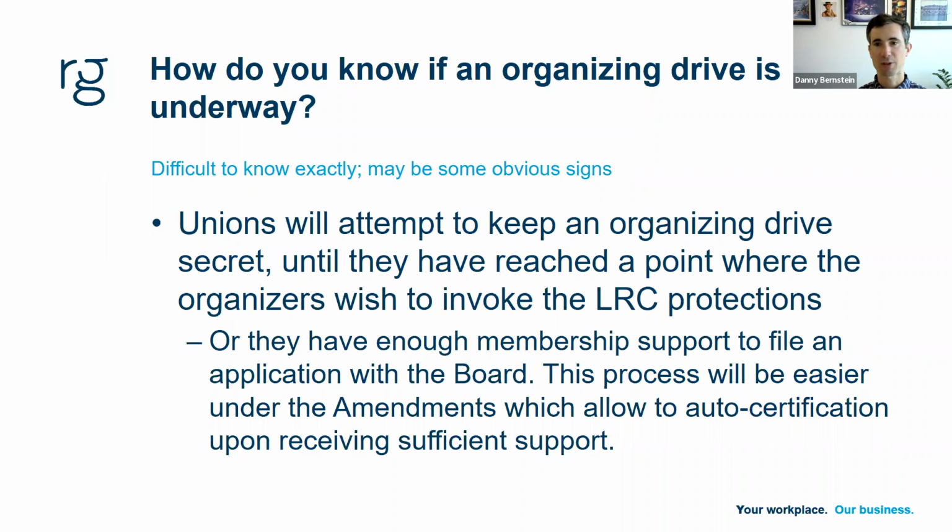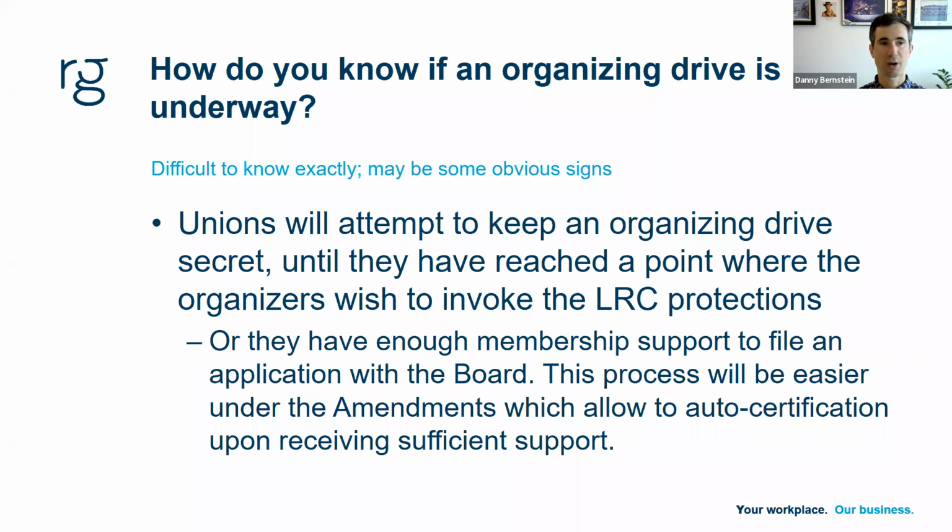And maybe that's because they've only got cards signed by that half. Maybe the union feels like there's some distinction between them, but that wouldn't be appropriate, because then you would have employees working side by side, some union, some non-union, doing the same work for the same employer at the same workplace. So that would be an easy example of an inappropriate bargaining unit.